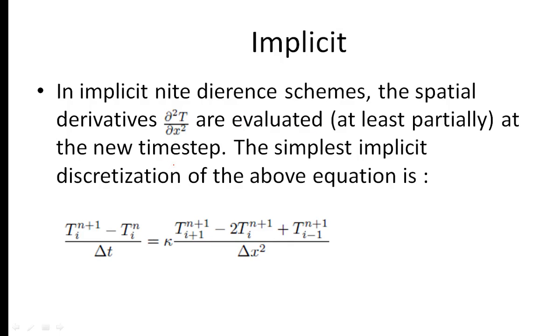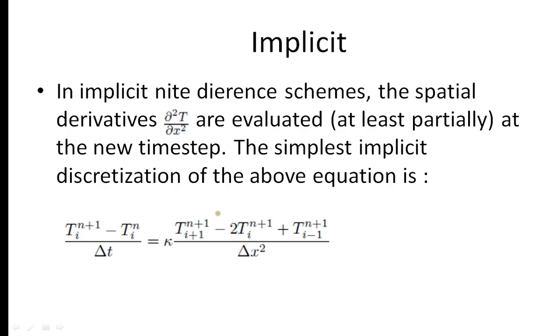That means the future time step. The simplest implicit discretization of the previous equation is, for example, T_i^(n+1) minus T_i^n equals k times a central difference, one over delta x squared, of T^(n+1) at i plus 1.